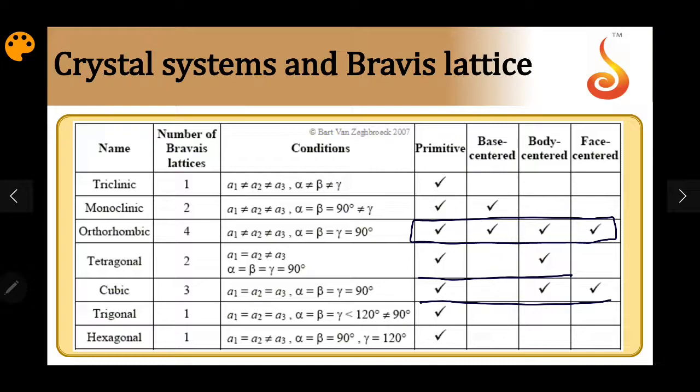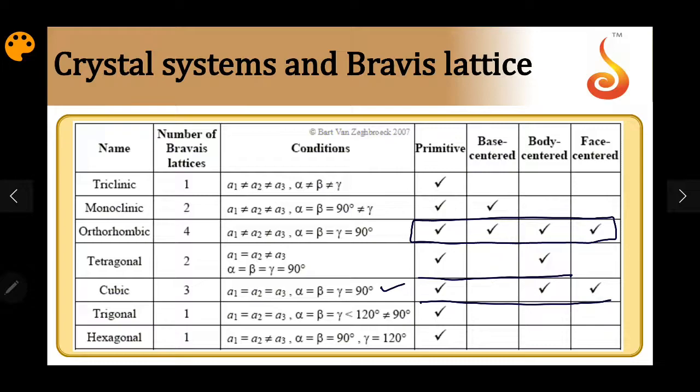The parameters are also important. For cubic, alpha, beta, gamma are equal to 90, and a1, a2, a3, all 3 side lengths, are also the same. In the case of trigonal, a1, a2, a3 and alpha, beta, gamma are all equal but not equal to 90 degrees.